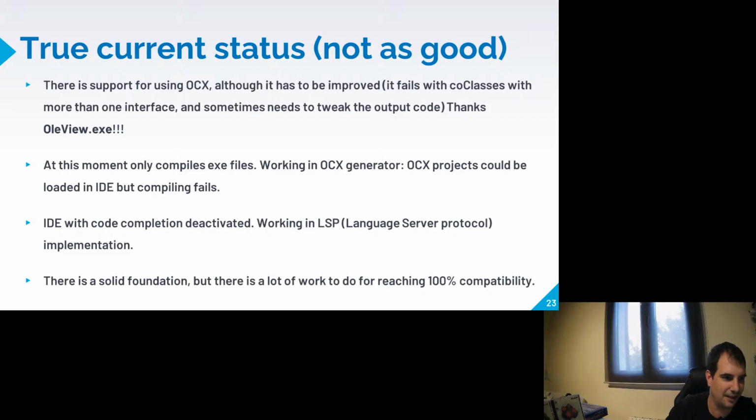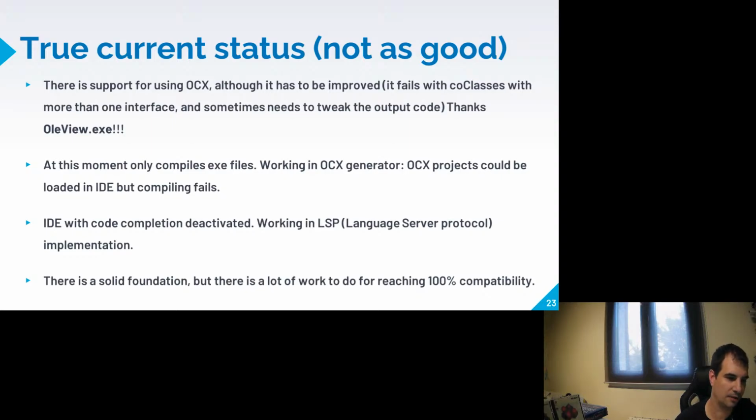There is a utility called OLEView. If you don't know it, it is a great utility for inspecting type libraries and COM definitions, and it helped me a lot for developing the COM support in RAD Basic.